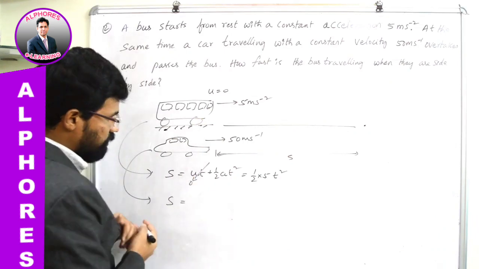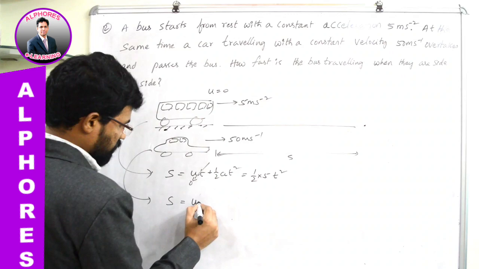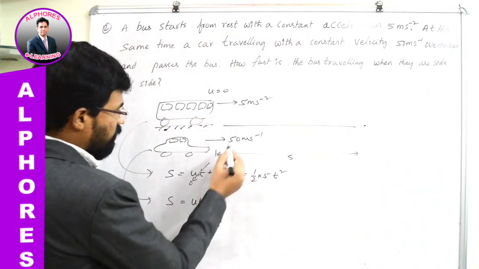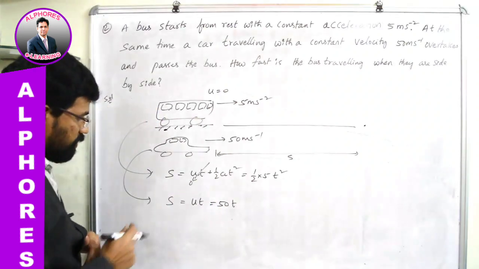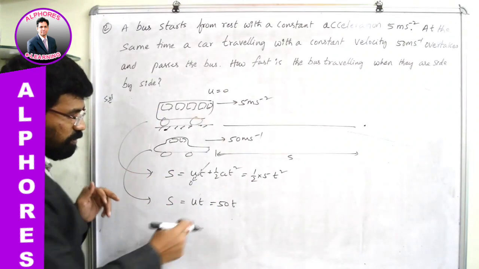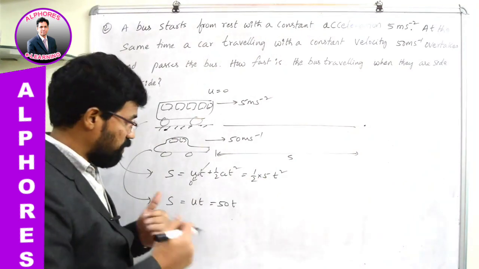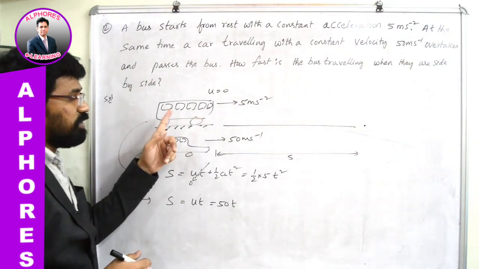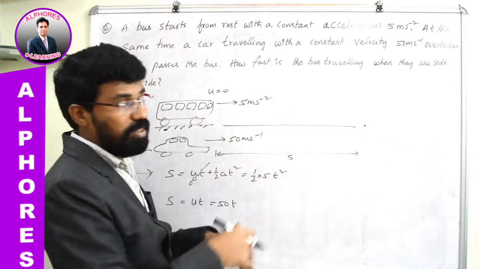Since it is maintaining a constant velocity, s is simply ut, which is 50 into t. Both these distances are the same, so I will equate the two RHS, then I will be able to find t. If I find t, I will be able to find the velocity the bus is maintaining at the time of overtaking the car.